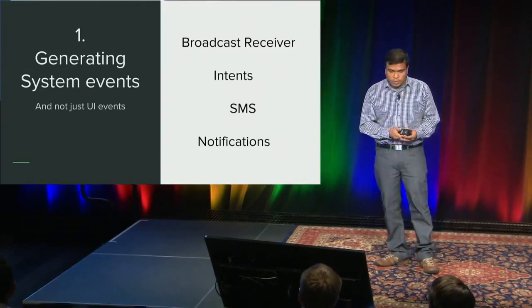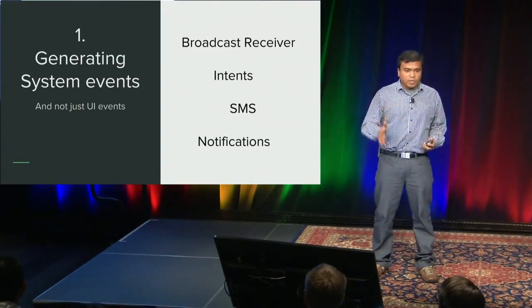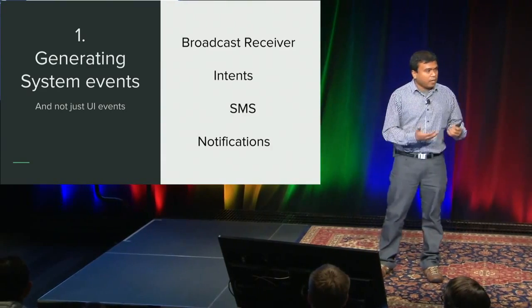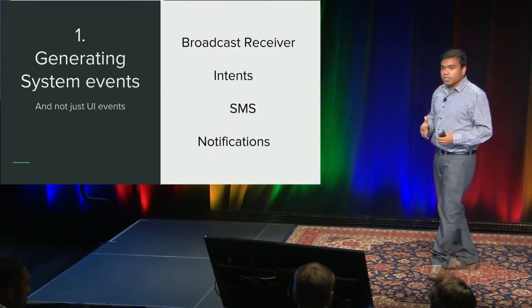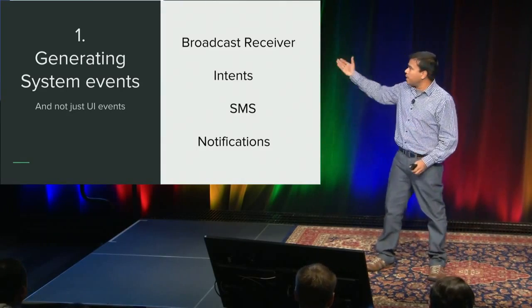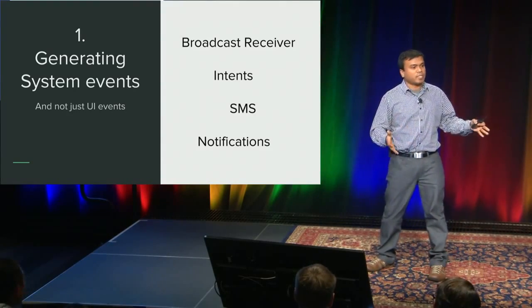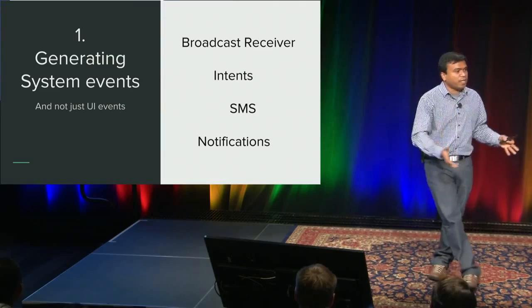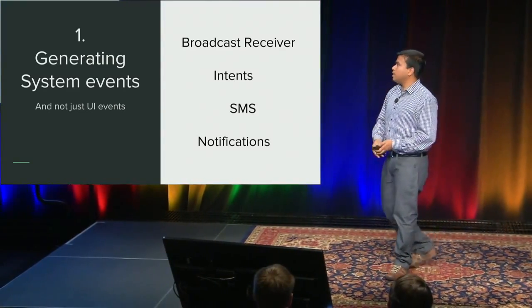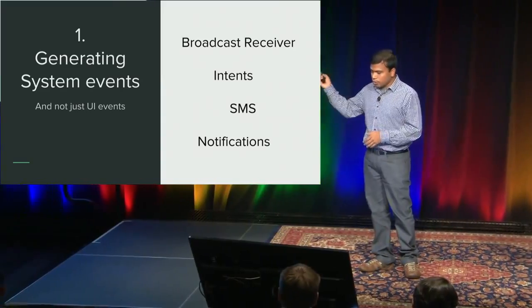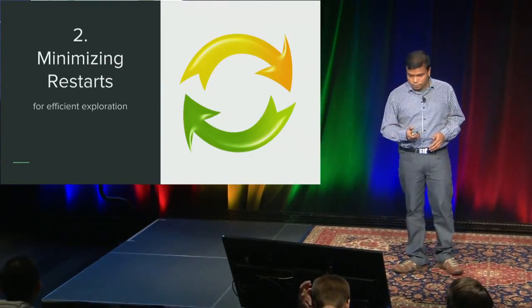The first thing was that tools like DynoDroid sent system events, for example, SMS. If your app is listening for SMSs, you wouldn't reveal any failures in that part of code unless you send a system event to it. So this was a very good feature of those tools.